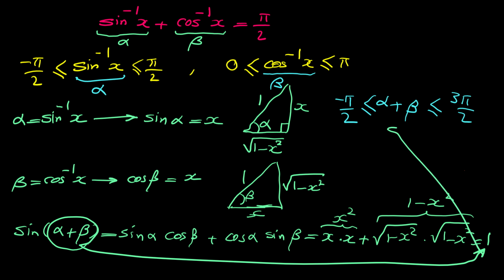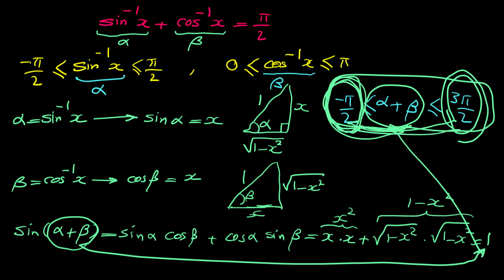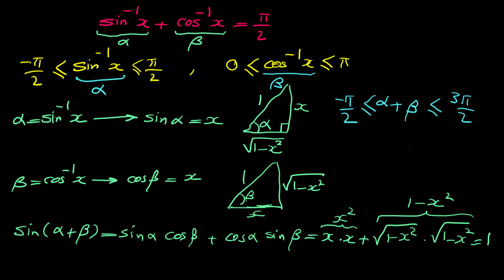And also we know that alpha plus beta is between negative pi over 2 and 3 pi over 2. In this interval, from negative pi over 2 to 3 pi over 2, the only angle whose sine is 1 is pi over 2.